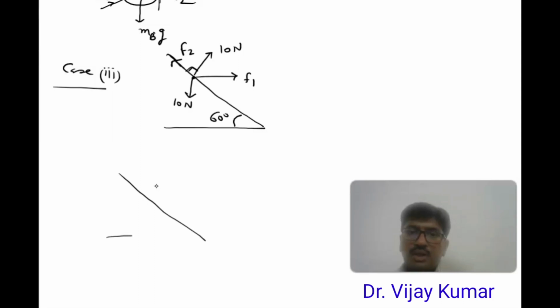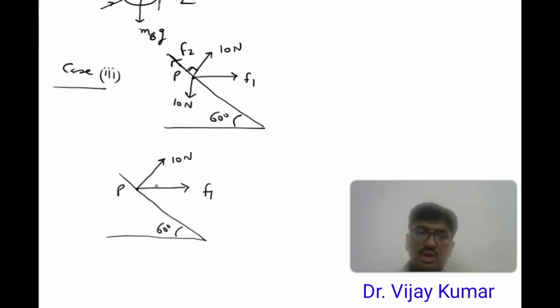So in this case, now if we draw it separately, suppose this is the inclined plane, 60 degrees, and at this point, suppose this is a point P. At this point P, this is F1, and this is 10 Newton. This angle should be 60 degrees.